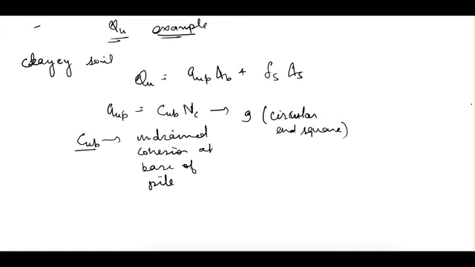So Cub will be given to you, that is the undrained cohesion at the base, and Nc we will take 9 for most of the cases, and this Qup we can simply find as 9 into Cub.